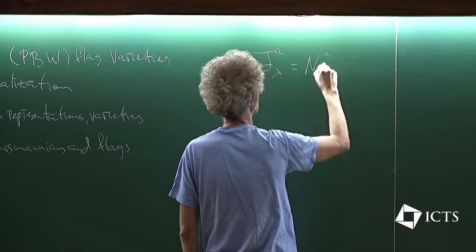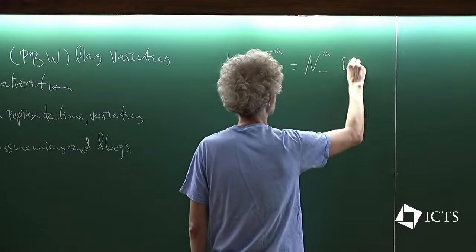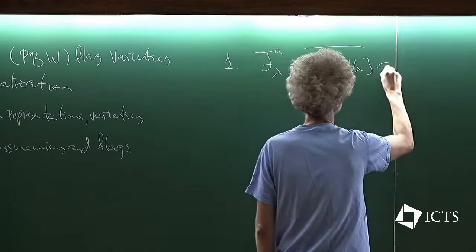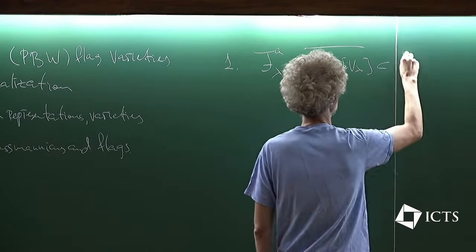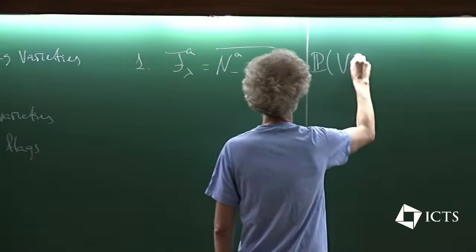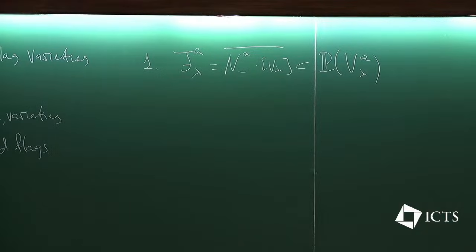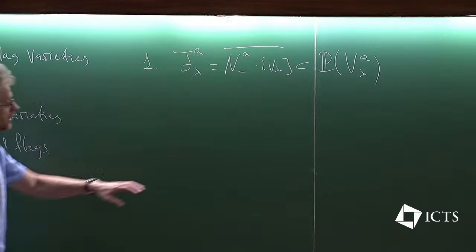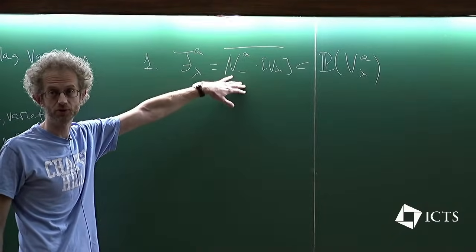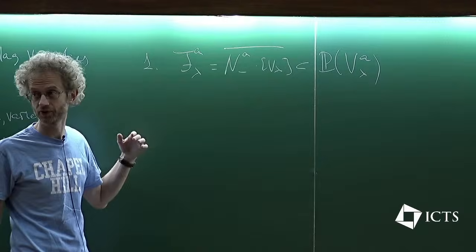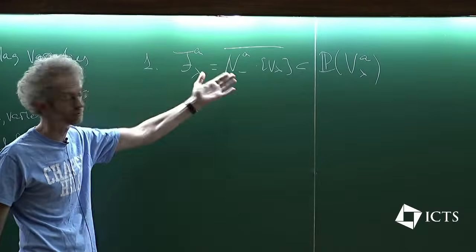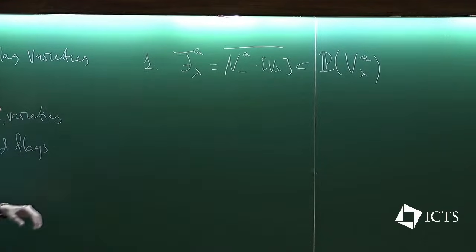You take n minus A and apply it to V lambda, you close, and this lives inside the projective space of V lambda A. So this is similar to the definition of the classical flag varieties, and also similar to the definition of the Schubert varieties. In the classical flag varieties, we can have just the group G itself, so it's an orbit. For the Schubert varieties, we don't have such a group, so we anyway have to close. And this is what we do here.